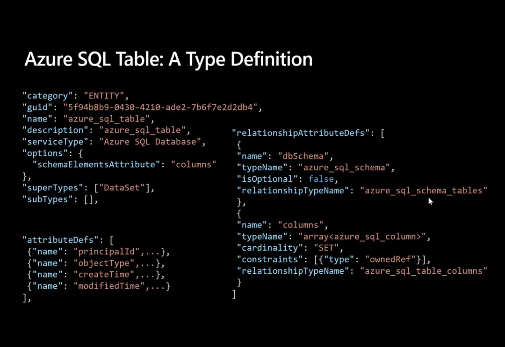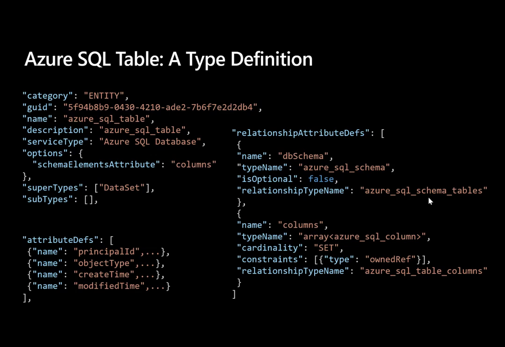So things I want you to notice is, first off, again, there's that category where this is an entity category. There are many other categories that you could work with, such as a relationship category, an enumeration category, but for the most part, you're most likely going to be using this entity category for your custom types and your custom processes as well.